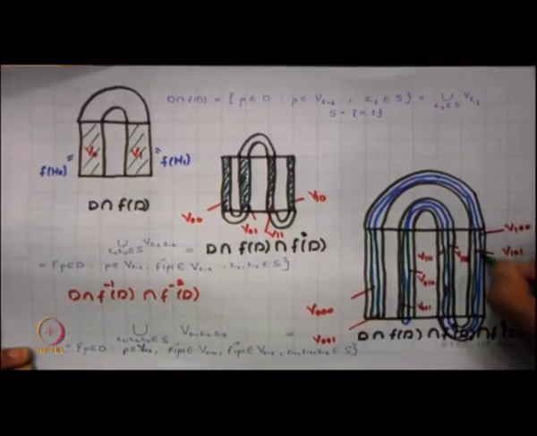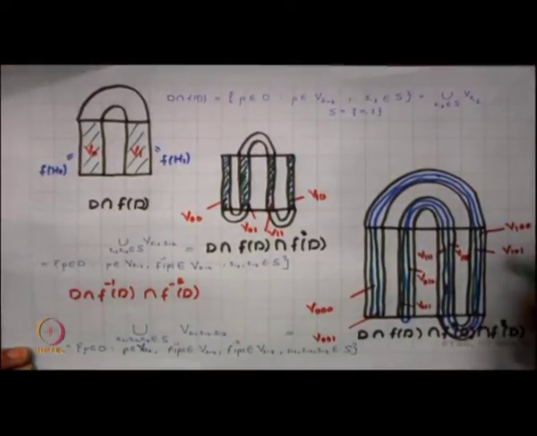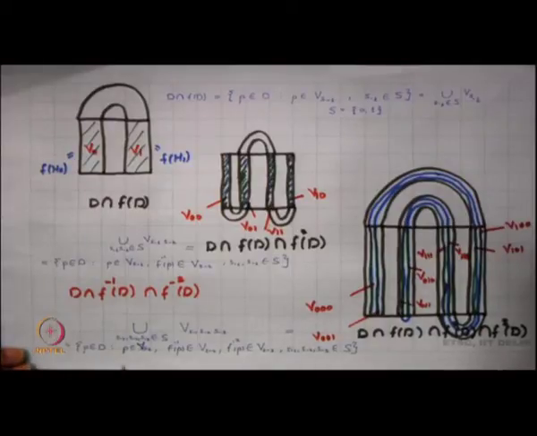These 8 vertical rectangles are the set of all P in D such that P belongs to V S minus 1, F inverse P belongs to V S minus 2, F minus 2 of P belongs to V S minus 3, for S minus 1, S minus 2, S minus 3 belonging to S. We had seen this last time, and this is our description.